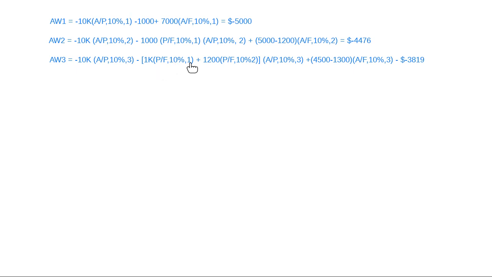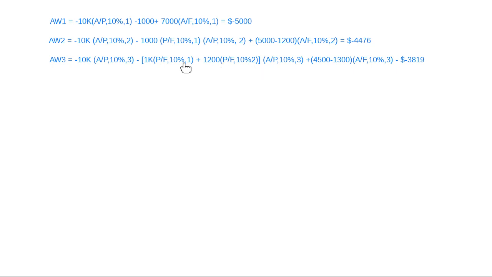The 1,000 is placed on year 1, and we have to convert it to present first, and then we can convert it to an annual. For the 1,200 also, we have to convert it to a present, and then we can convert it to an annual.